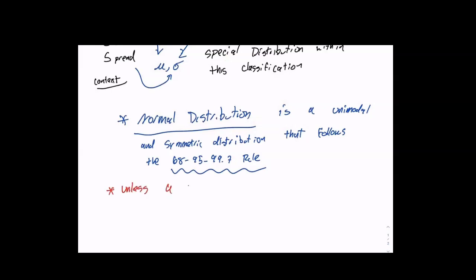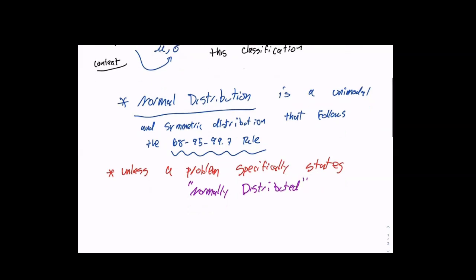Unless a problem specifically states normally distributed, we refer to it as approximately normal.